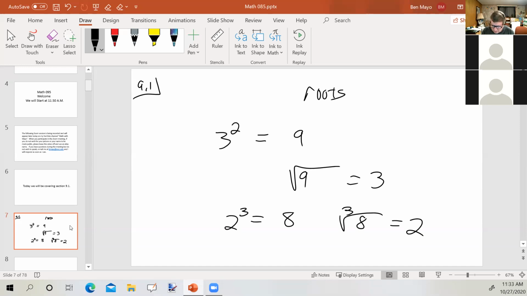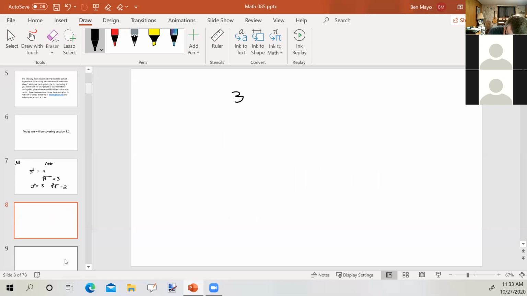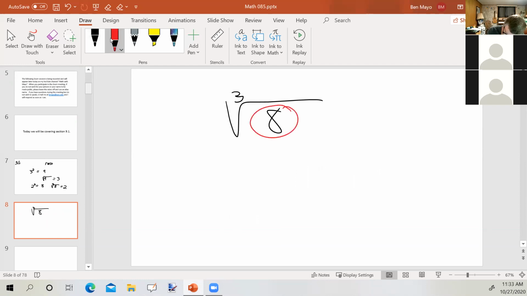All righty. Now, let's talk about vocabulary. The cube root of 8. This number right here is called the radicand. This symbol right here, it's a grouping symbol, is called the radical.